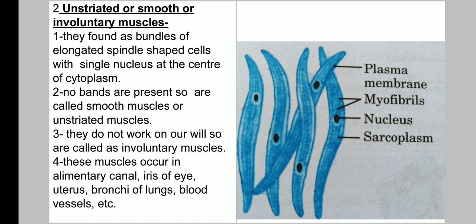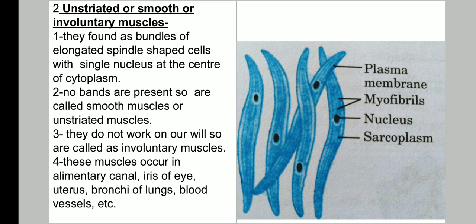No bands are present, so they are called smooth muscles or unstriated muscles. And they do not work on our will, so they are also called involuntary muscles.